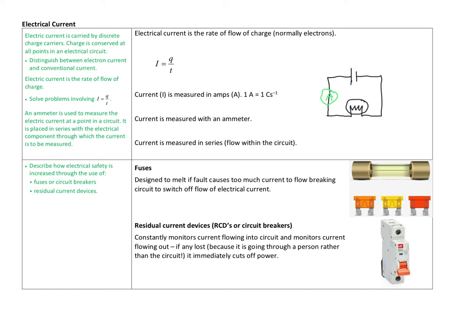The reason it does that is because if you're losing current, it's probably because it's going through a person rather than the circuit. Let's say instead of a light bulb this was a toaster, and I stick my knife in the toaster, and the current, rather than going in one wire and out the other wire, suddenly tries to travel through me, which is basically what happens when you get electrocuted.